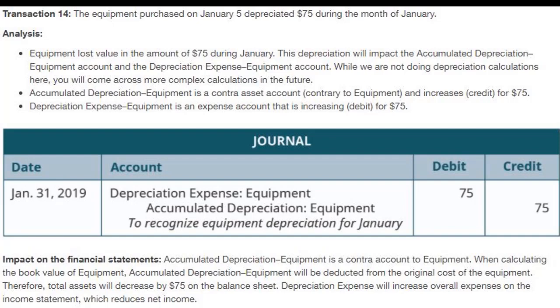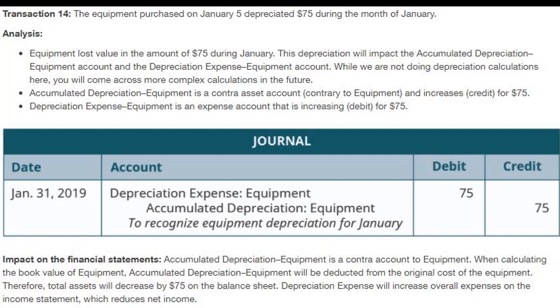A decline in the asset, or any asset, is called a credit. A decline in value is called a debit. And that is why in transaction 14, the second of 5 adjusting entries, we are debiting value, expense, and crediting the equipment.